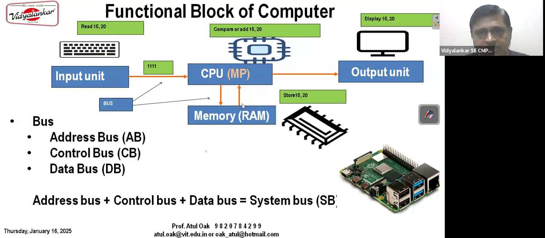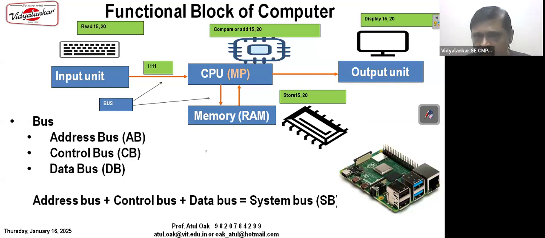This is a system bus. This is also a system bus, because everywhere there is an address bus, data bus, and control bus. You cannot show them separately. Your diagram will have more arrows than the number of blocks. That's why we normally put these three in one, called the system bus.